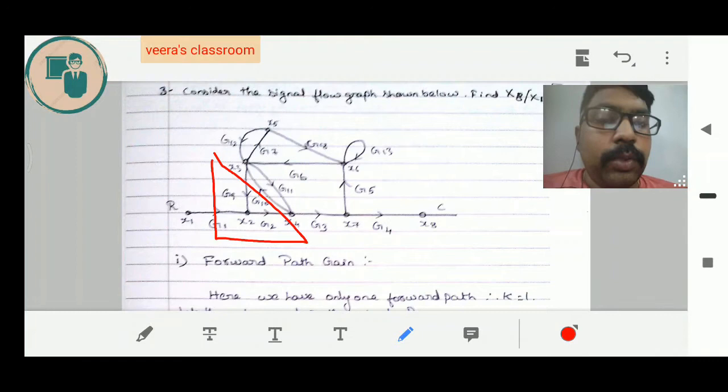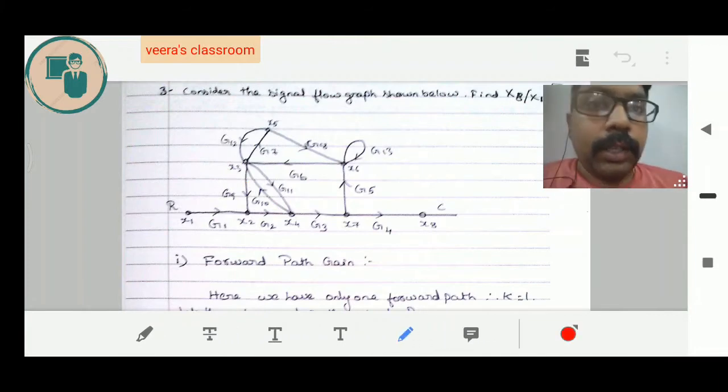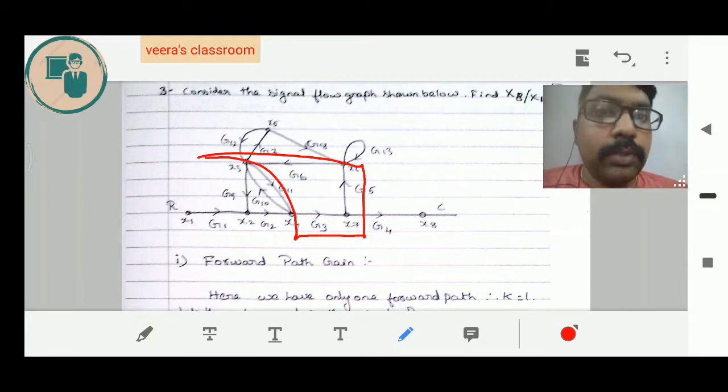This is individual loop gain 5. And one more that starts from x3, goes to x4 and moves to x7, x6 and comes back to x3. This is individual loop gain 6.